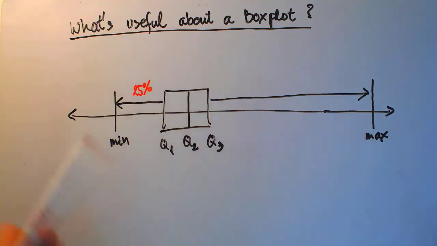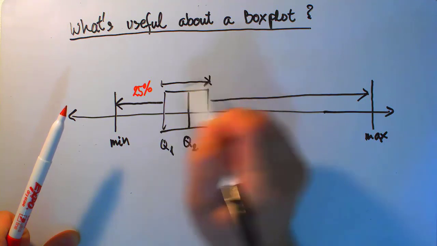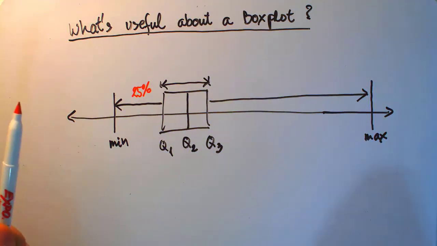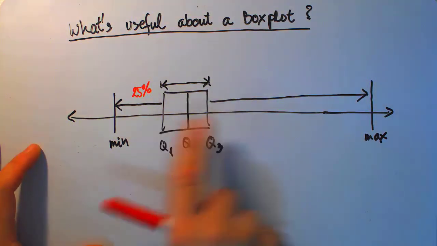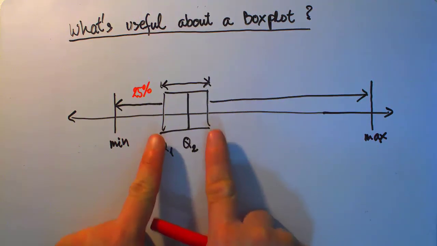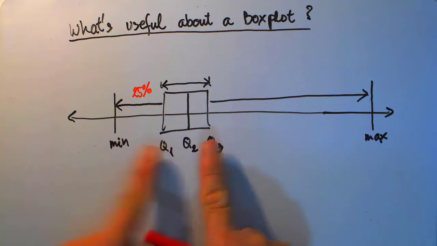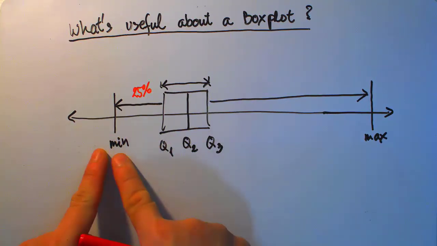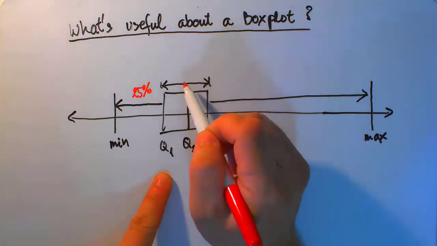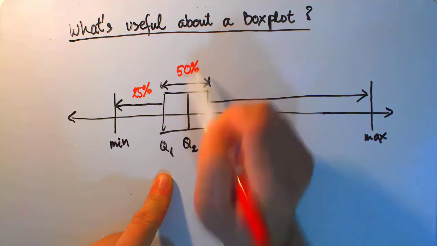And so now the length of your box is the IQR, interquartile range. But now how much data is being contained inside of that short box? You can see that the interval's length is only about the same as that length from the minimum to Q1. But in such a short interval like that, it contains up to 50% of data.